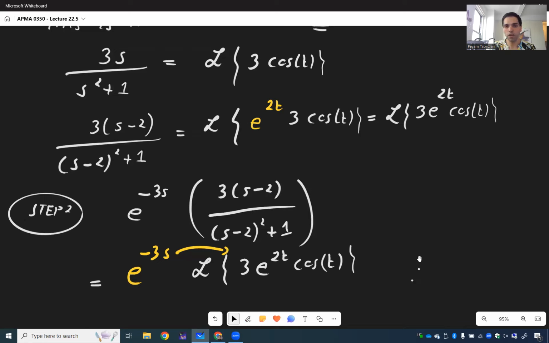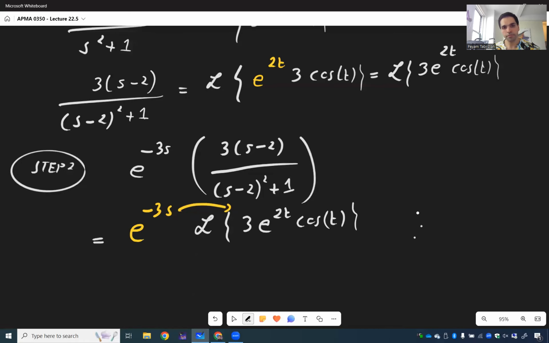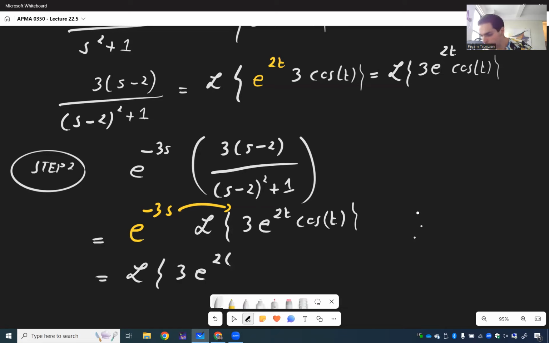So what we end up getting is the Laplace transform of 3 e to the 2, I believe, t minus 3, cosine of t minus 3, and u3 of t.